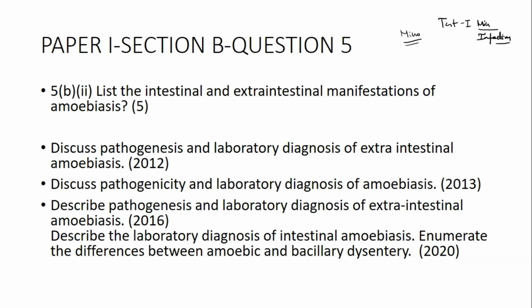I think this is how you should learn. Etiology, clinical features, diagnosis, management from general medicine, diseases caused by or pathogenesis, and lab diagnosis from microbiology. When you club them together, I think you're ready for this exam, at least from the infectious diseases point of view.